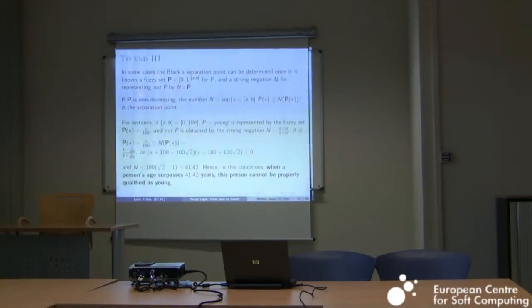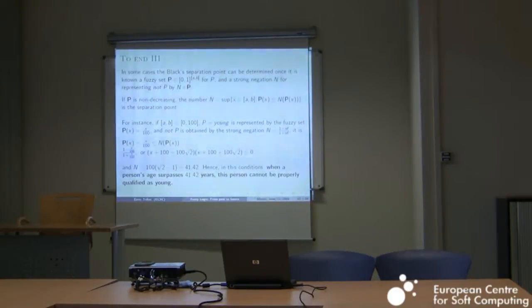When the function is not decreasing, this number is the separation point. Why? The points here are those in which x is more P than not P. As soon as I pass this number n, the object will be more not P than P. This seems clear, I can stop.